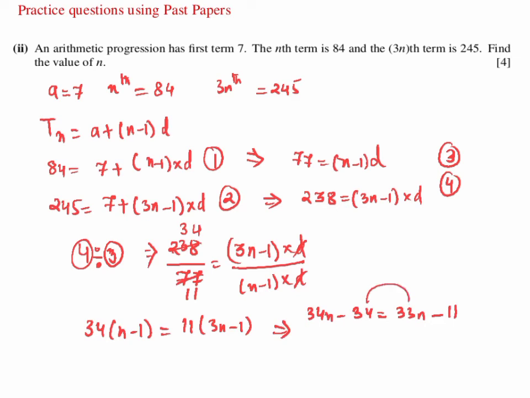Taking terms across, we'll get 34n minus 33n equals 34 minus 11. We'll get n equals 23. So this is the value of n.